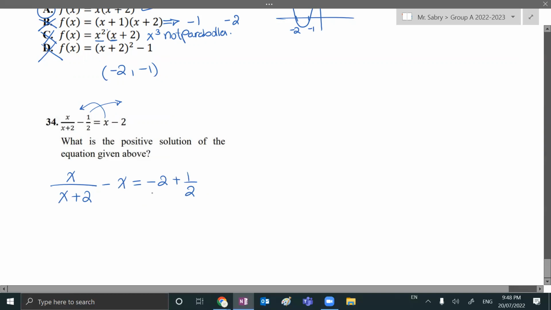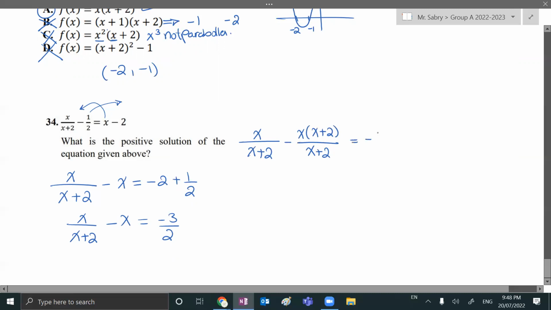Now, negative 2 plus half is negative 3 over 2. What happens next? We need to make these two with the same denominators in order to subtract them. So I'll leave x over x plus 2 as it is, but the other x I'll multiply by x plus 2 so that it has the same denominator, and I'll put in its denominator x plus 2 as well.